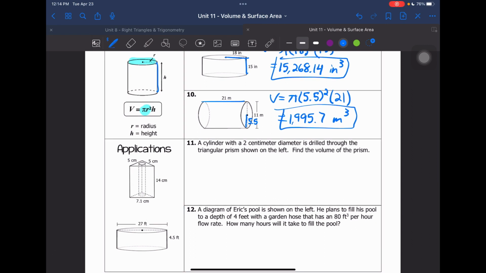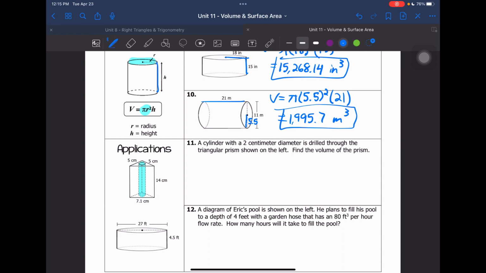Number 11 is saying that a cylinder with a 2 centimeter diameter is drilled through the triangular prism shown on the left. Find the volume of the prism. So basically, we're drilling something inside of a prism and taking that out. And so our volume of the prism is whatever's left after you take out the volume of that little cylinder.